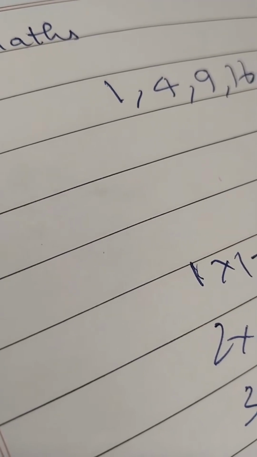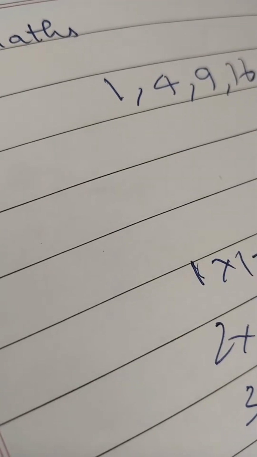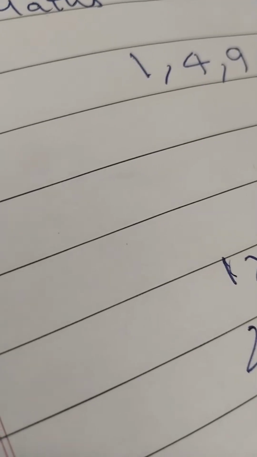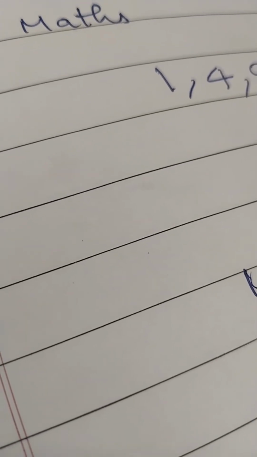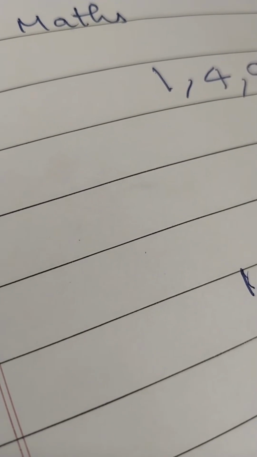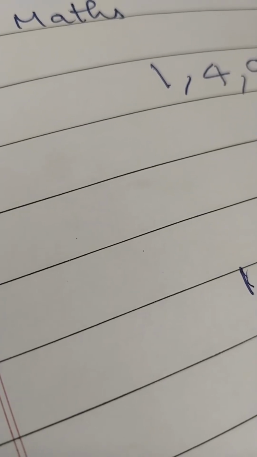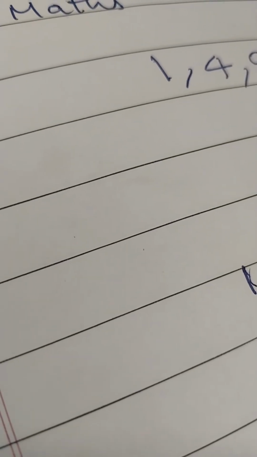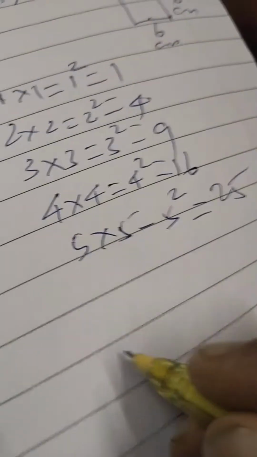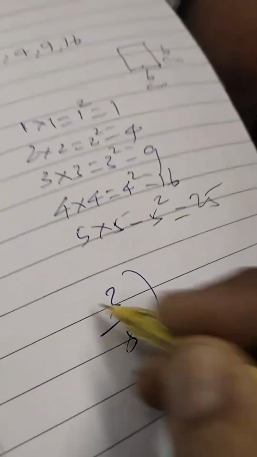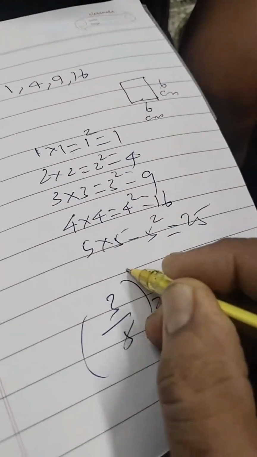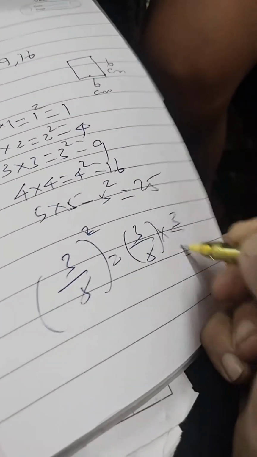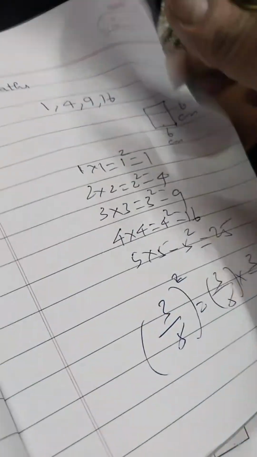Can we have a square of side length 3 by 5 or 2.5 units? Yes. The area in square units is (3 by 5) square, which is equal to 3 by 5 into 3 by 5, which is 9 by 25.